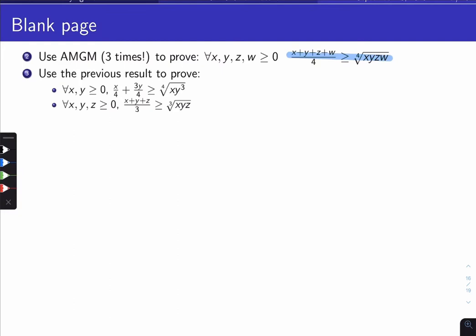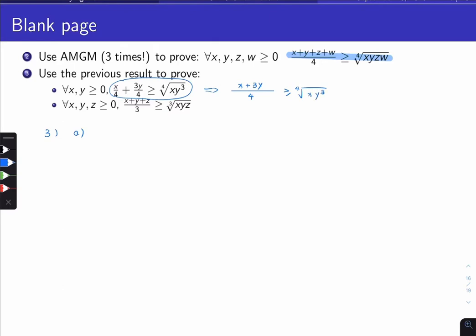Alright, so let's have a look at what we need to prove. Let's focus on this first. Let's call it part A, okay? If you look at part A, what you need to prove, I'm gonna rewrite it a little bit. This is the same as (x plus 3y) over 4 is greater than or equal to the fourth root of xy cubed.